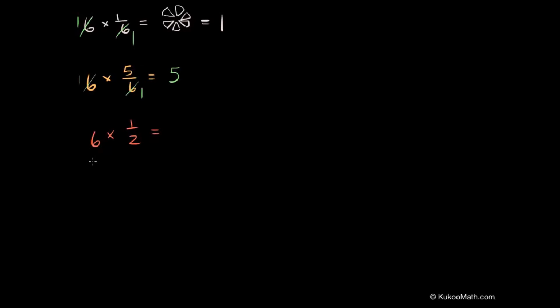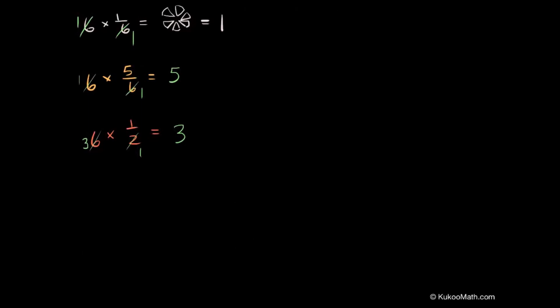So we're going to find the greatest common factor between these two numbers, which is 2, and divide both of these numbers by 2. So cross both of these out. 2 divided by 2 is just 1. 6 divided by 2 is 3. Now we have 3 times 1 over 1, which is just 1. So 3 times 1 is equal to 3. 6 times 1/2 is equal to 3.